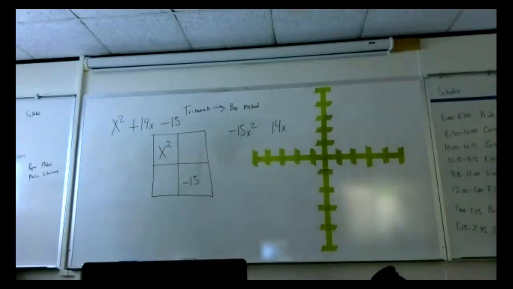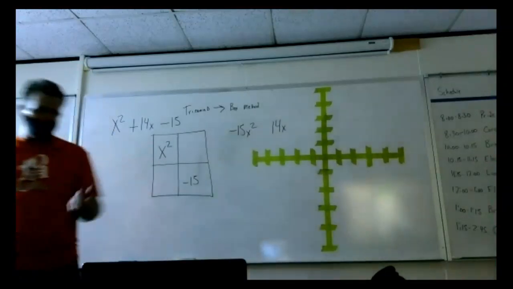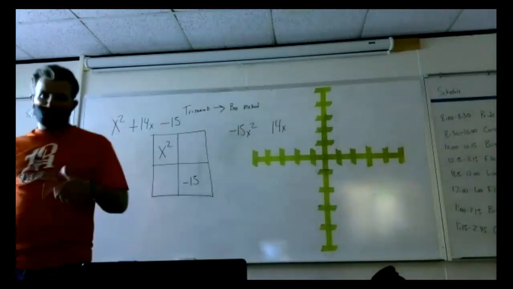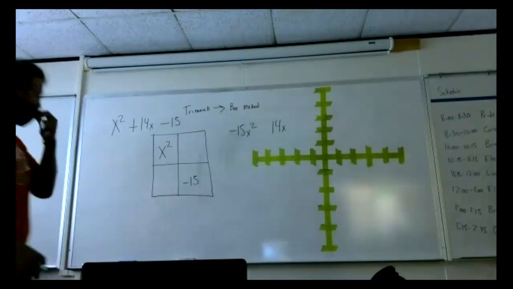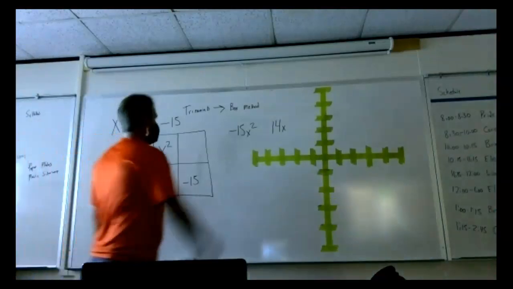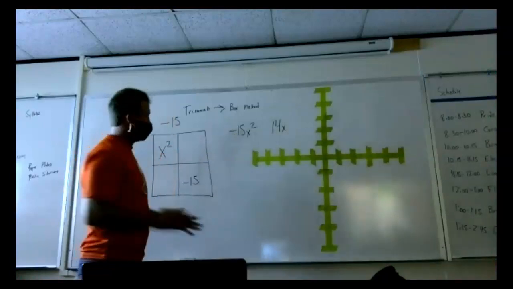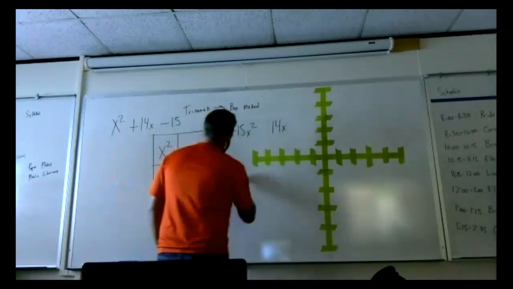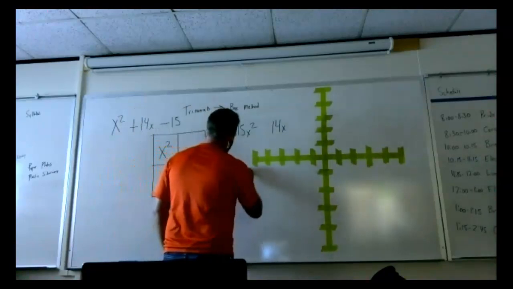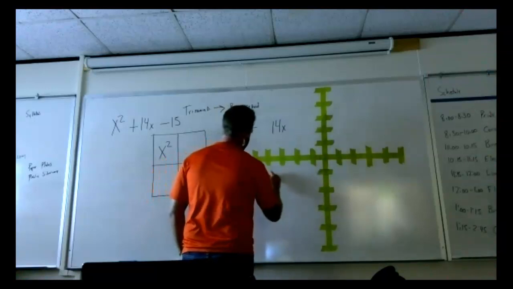Okay, so looking at it, 15, some factors are 3 and 5, but they don't add up to 14. 1 and 15, depending upon how the signs are, those are the ones we're going to want to work with. So we need to multiply to equal a negative, so we know one of our interior terms has to be negative. So I'm going to choose a negative 1x and a positive 15x.